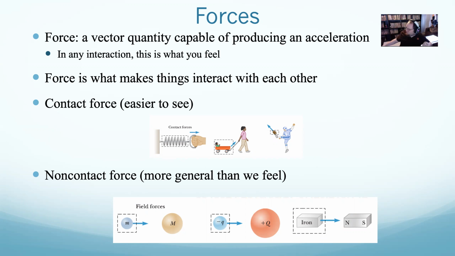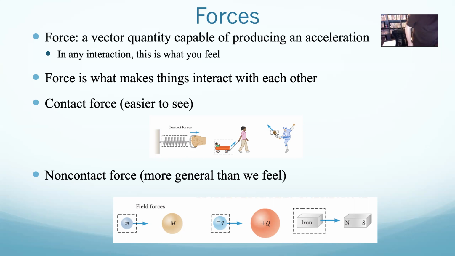Non-contact forces, there's only 3 of them, and these are forces that do not need contact. A magnet is an example. If I take this magnet and bring this magnet above, I can make the magnet jump up out of my hand and collect without contact. It pulled it upwards without touching it.